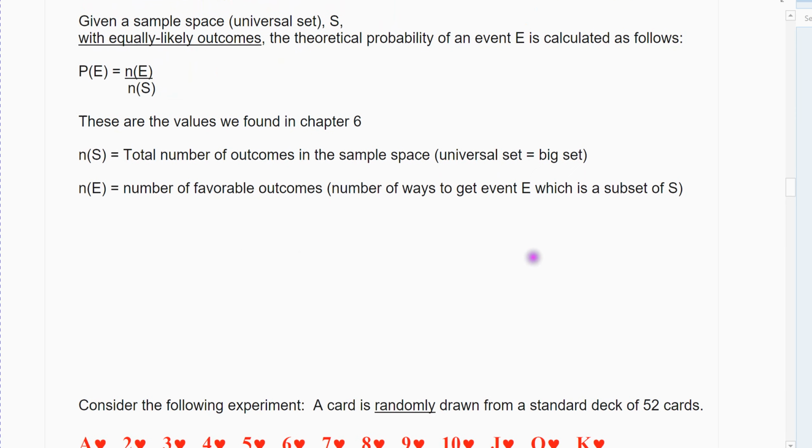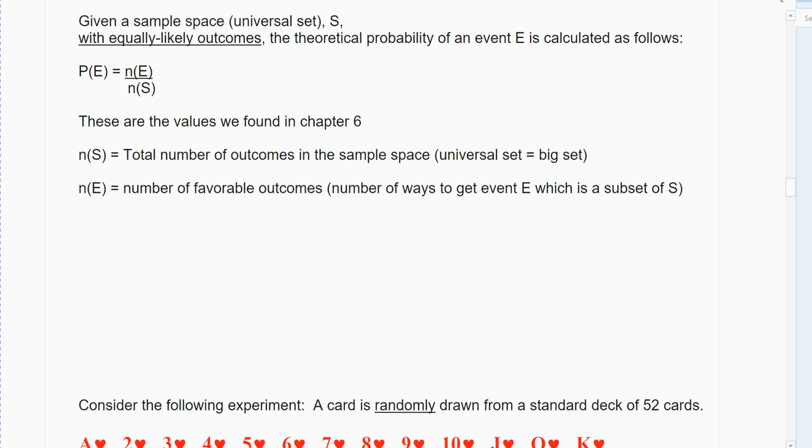This is going to require you to use your counting techniques. You're going to have to find two things. You're going to have to find the universal set, where the universal set is always equally likely outcomes, and ours always will be. And then the probability of an event occurring is basically the number of outcomes total.